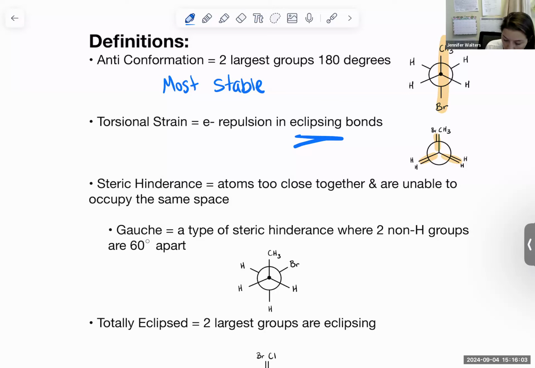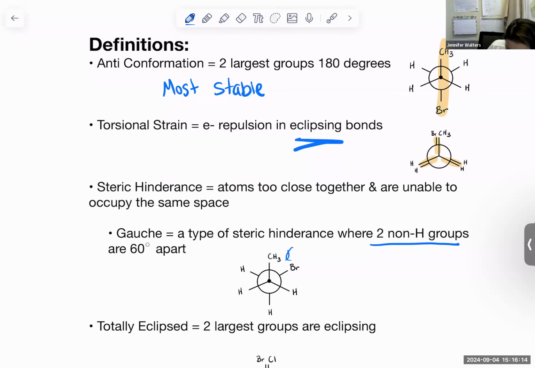It's a type of steric hindrance where you have two non-hydrogens that are 60 degrees apart. So I only have a steric interaction between the methyl and the bromine here. Everything else is not a steric interaction, not a gauche interaction, because there are hydrogens.